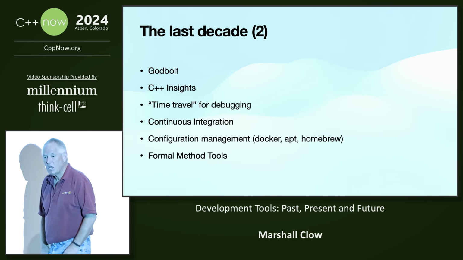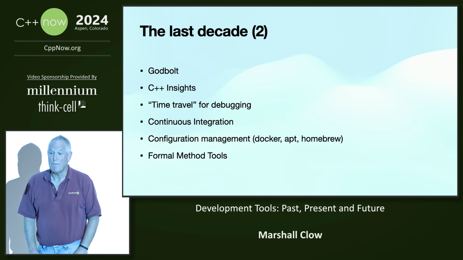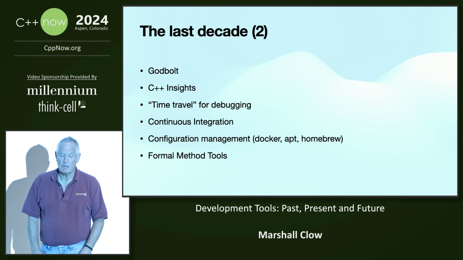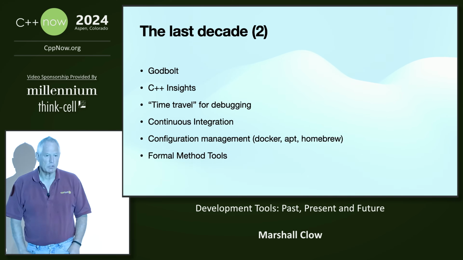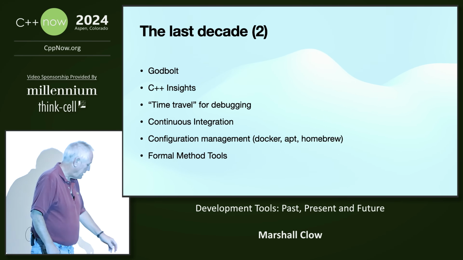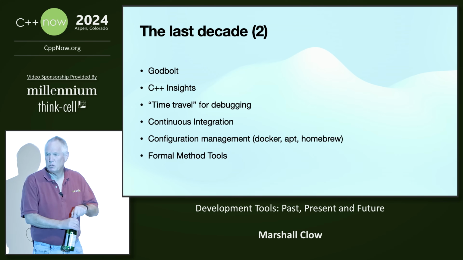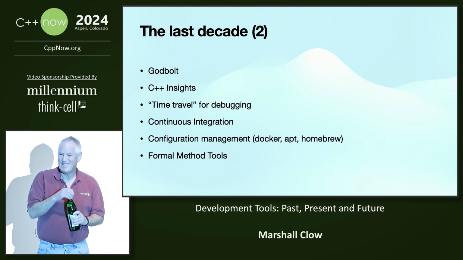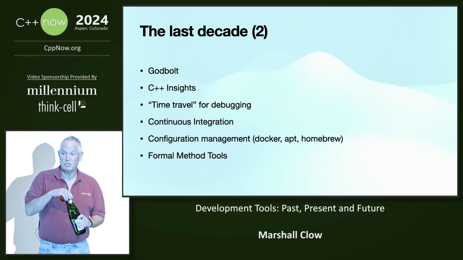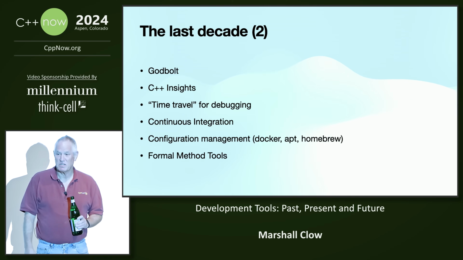When I was in college, formal methods were a big, big deal. I was fortunate enough to attend a lecture by this guy who has no vowels in his last name, Edgar Dijkstra, who came to UCSD when I was there.